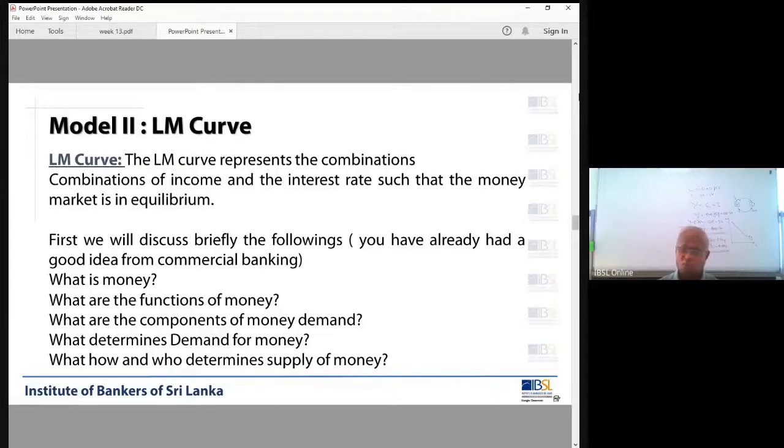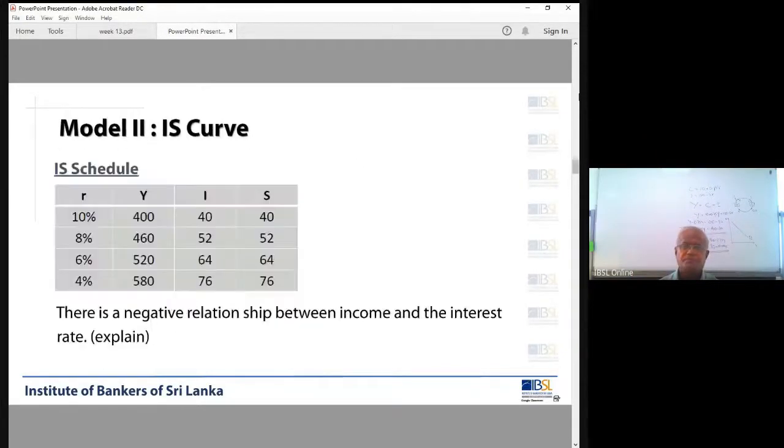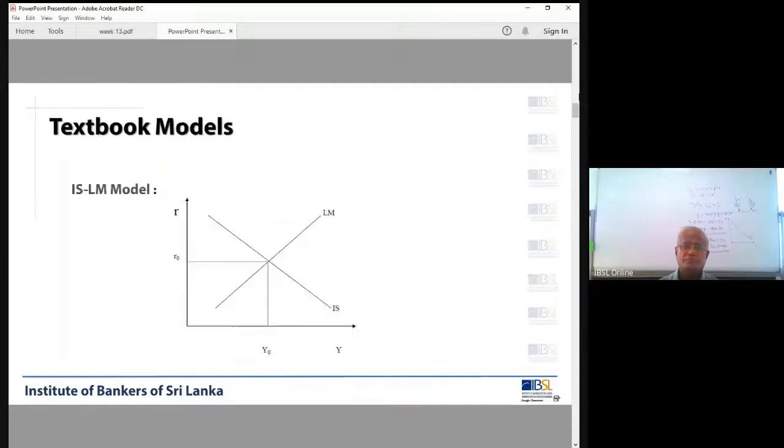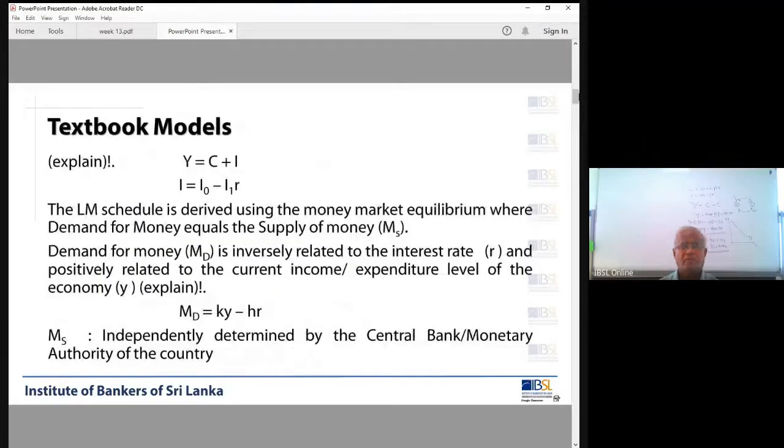It is negatively related to the interest rate, the opportunity cost of money, and positively related to income. The richer the country, the more money you demand, whether transaction, speculative, or precautionary.